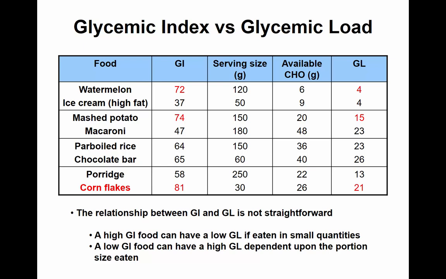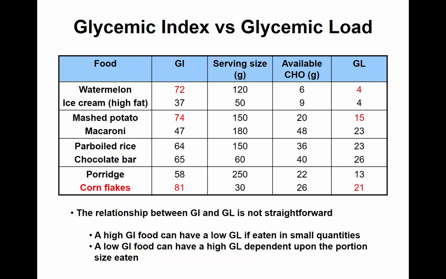So for example, watermelon has a higher GI. That means the carbohydrate in the watermelon is maybe more simple carbohydrate, so it can rapidly increase blood glucose level, but it has a lower GL. That means the carbohydrate amount in the watermelon is relatively low, right?